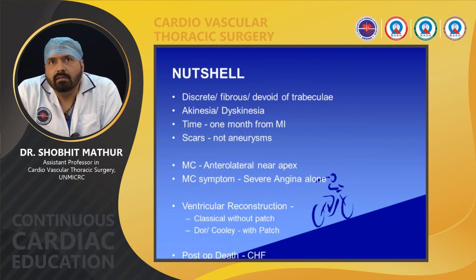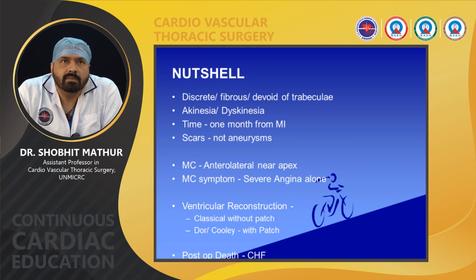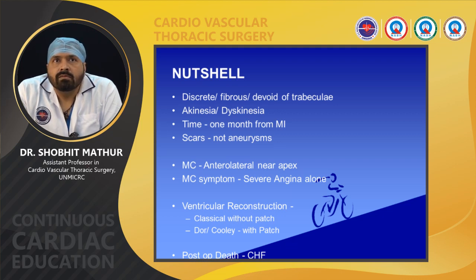So in a nutshell, this PPT has been mostly descriptive. Firstly, we must understand the definition of aneurysm: a discrete fibrous divide of trabeculum showing akinesia and dyskinesia. A minimum of 1 month has to pass to call it an aneurysm. Scars are not aneurysms.